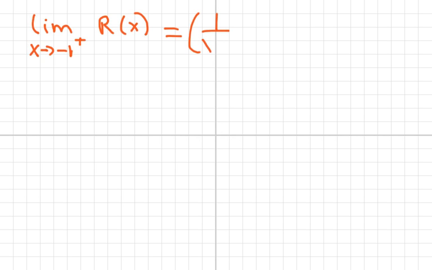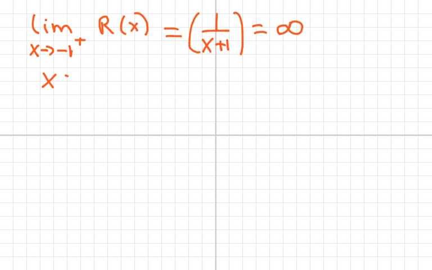Now let's see what happens when we take the limit from the right side. We're going to take the limit as x approaches negative 1 from the right side of r of x. And when you do that, this equals 1 over x plus 1, and it's going to be infinity.